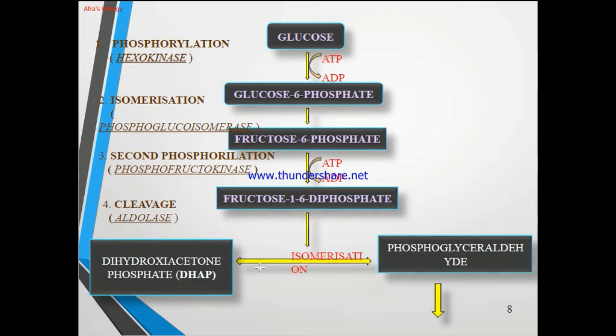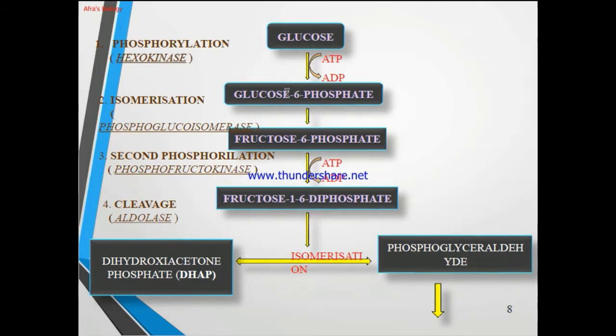The first step, which is an important step, we call phosphorylation of glucose. In the first step, a glucose molecule reacts with an enzyme we call hexokinase, and an ATP molecule is converted into an ADP molecule. ATP, adenosine triphosphate, contains a highly rich phosphate group. One phosphate group is added to the glucose molecule, which turns into glucose 6-phosphate.